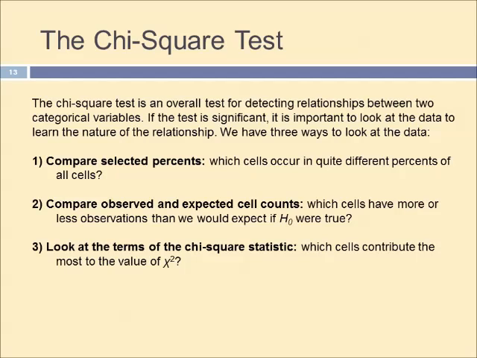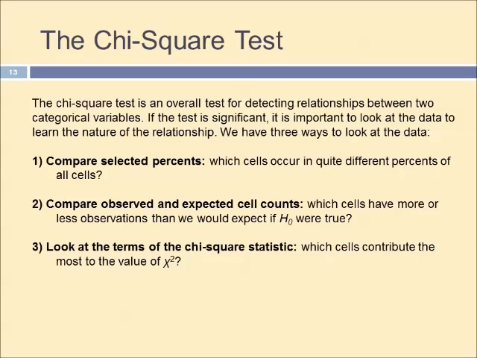Now, the chi-square test is an overall test for detecting relationships between two categorical variables. If the test is significant, we need to look back at the data and learn the nature of the relationship, and we have 3 ways to do that. We can compare the selected percents, so which cells occur in quite different percents of all cells.